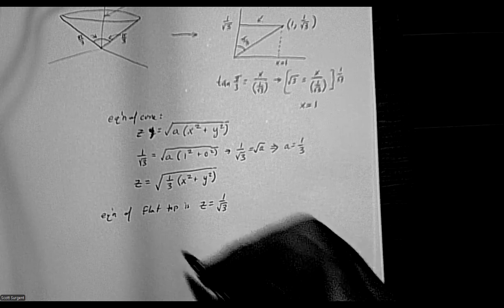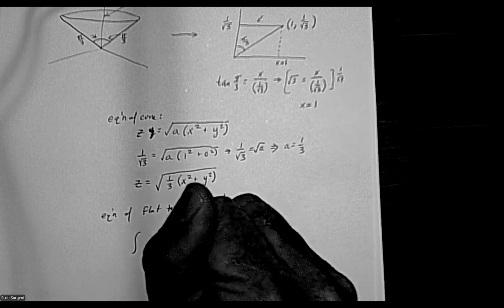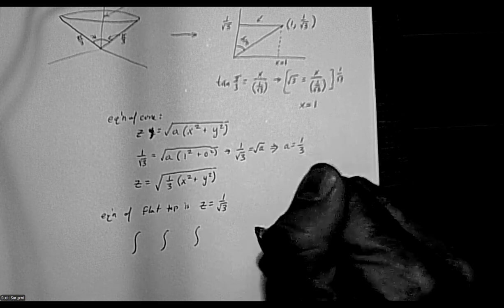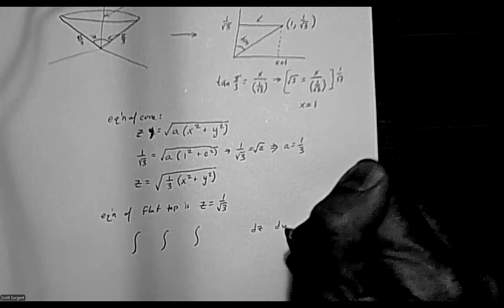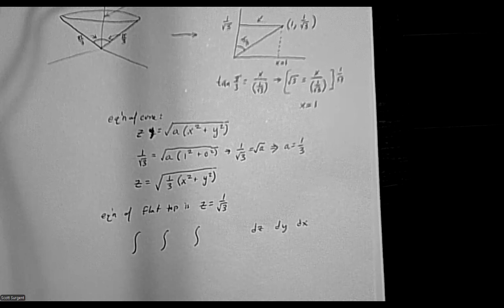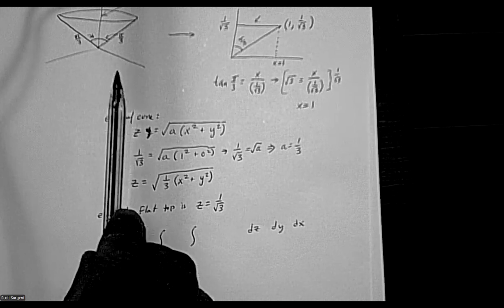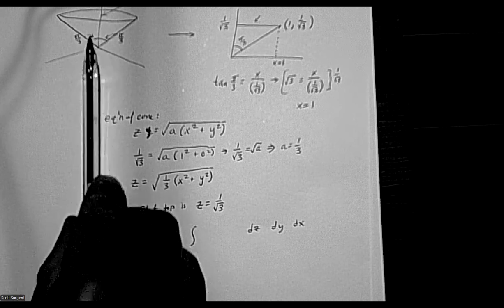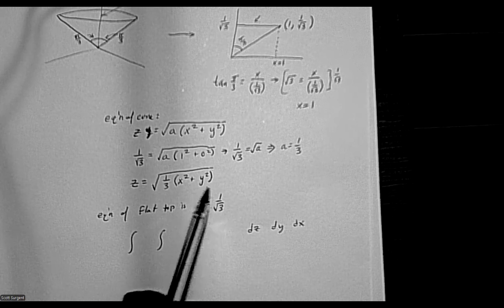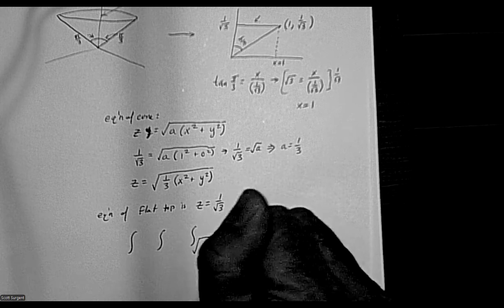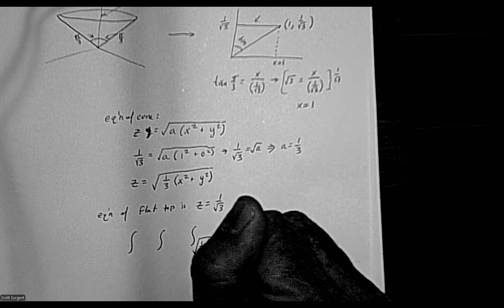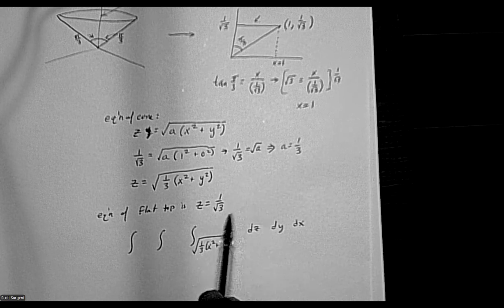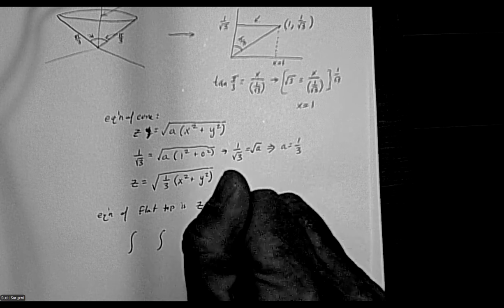So if I want to set this up using Cartesian coordinates, I'll have a function somewhere in the middle, I'll just leave it blank, and dz, dy, dx. I would come up from the bottom and hit the cone. Doesn't matter where I hit it, I'm going to hit the cone somewhere. So the bottom bound will be the cone equation, and the top bound will be the plane equation.